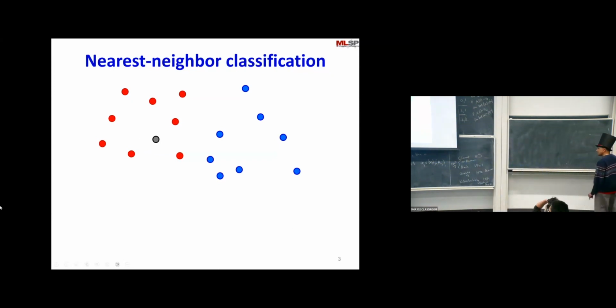Now, if I was performing neighborhood-based classification, which we've seen in past classes, what would the classification group be? Anybody? Yes. Can you speak up, please?